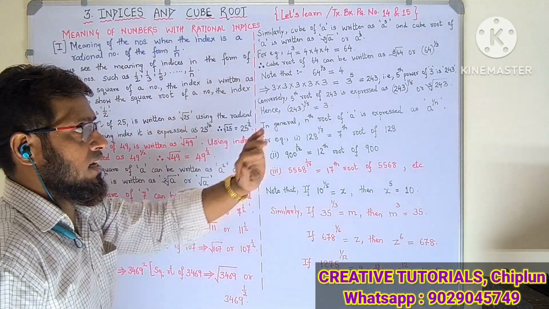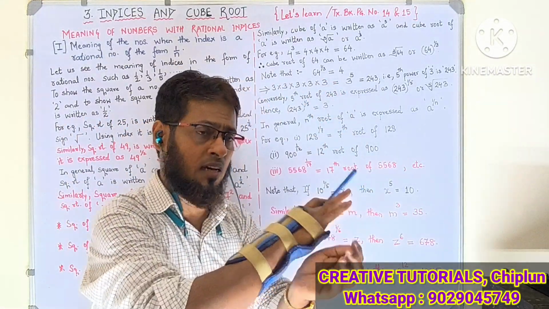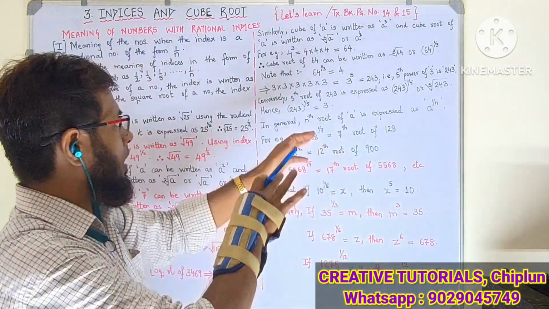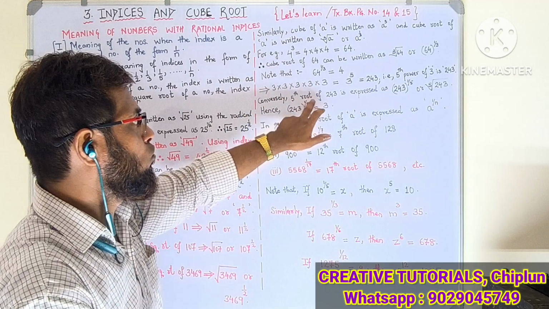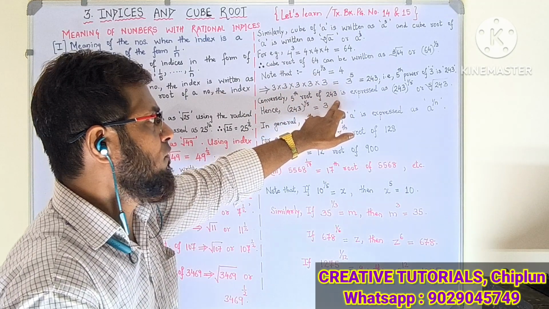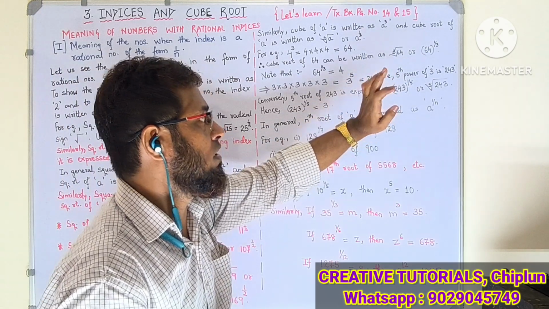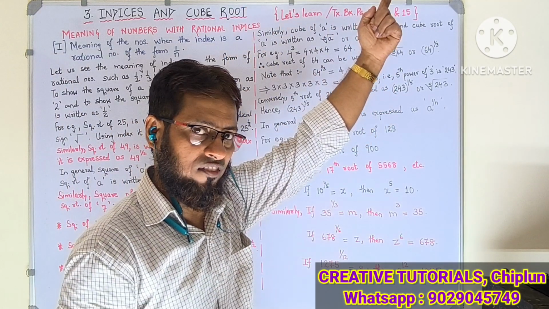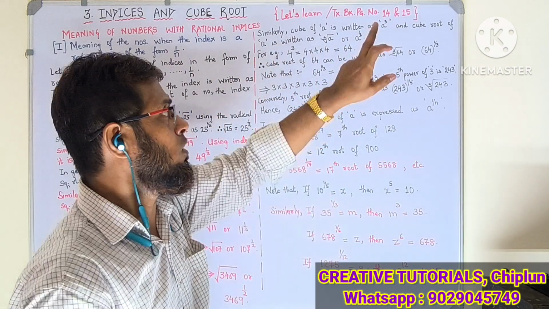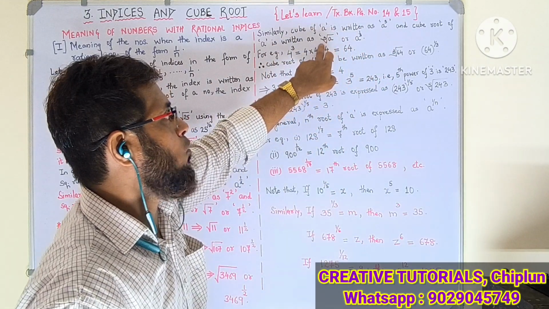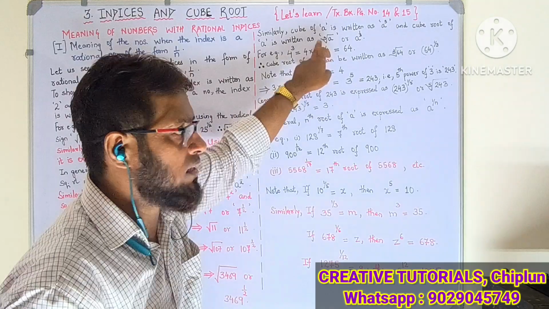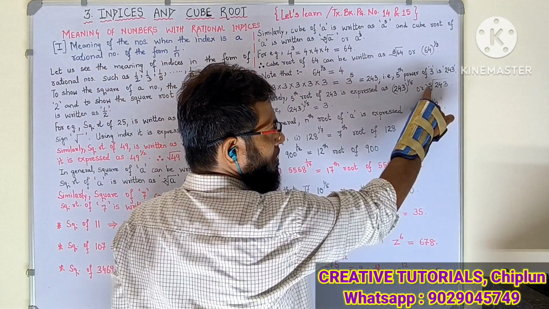Then conversely, अगर हम उल्टा चलेंगे, converse मतलब उल्टा, what will happen? So conversely, 5th root of 243 is expressed as 243 raised to 1 upon 5. Because 5th root का मतलब ये होता है, देखो जब क्यूब रूट था तो हमारा पॉकेट में 3 आया, अब 5th रूट की बात कर रहे हैं तो पॉकेट में हमारा 5 आ गया.